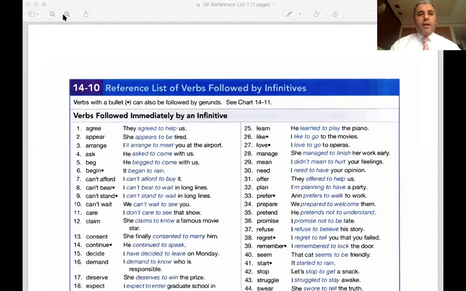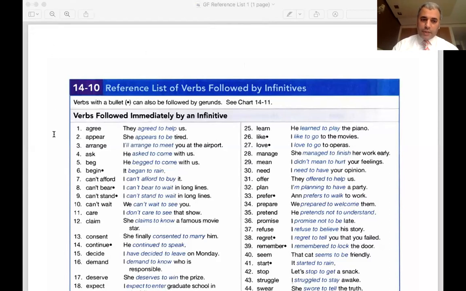I'm going to share one by one. Okay, this is the first one. You see here, this is the first list, where you have examples of expressions or verbs followed by gerunds. So this is a long list for you.